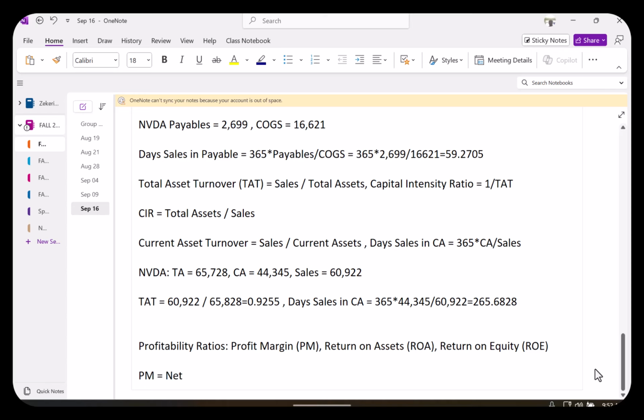These all have net income in the numerator. PM is net income divided by sales. Okay. And ROA is net income divided by total assets.